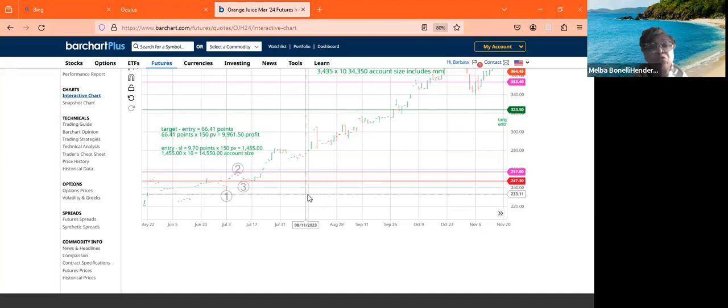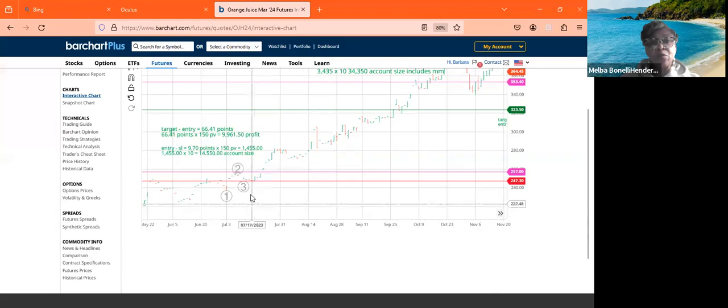And so just to go through the fundamentals of how to place the trade in TradeStation, we're going to use the same chart. So we see the 1, 2, 3 on the bottom of the chart. Our entry is always right above number 2, and our stop loss is always placed right below number 3.